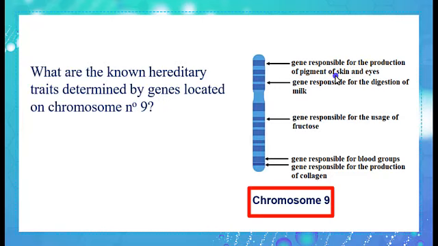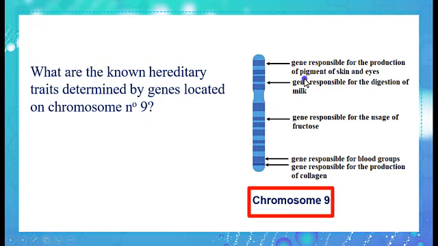We said that the genes are located in a linear manner on a chromosome. And here we have an example of chromosome number 9. These are some genes located on chromosome number 9. What are the traits determined by genes located on chromosome number 9? Very good.